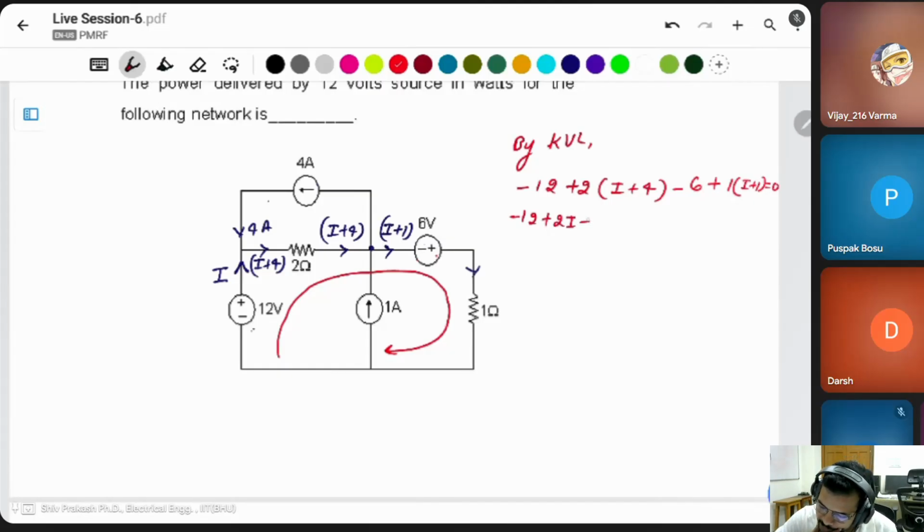Next, the power delivered by the 12 volt source in watts for the following network. They are asking for the power delivered by this one.